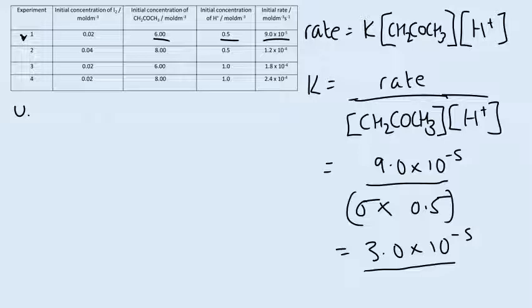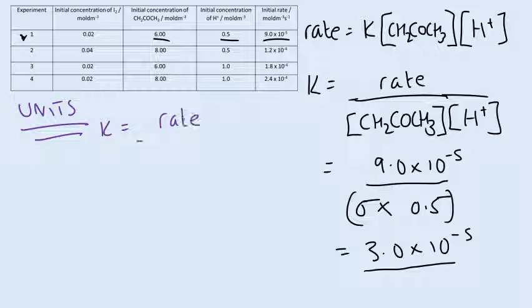I'll change my colour to work those out. So let's get some units for this. Well, K is equal to the rate divided by concentration times concentration. So on the bottom, I've got concentration and concentration in terms of units.